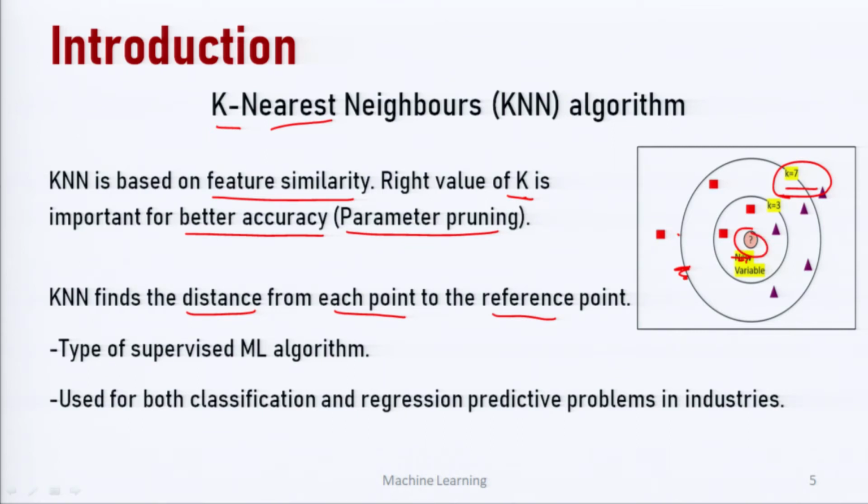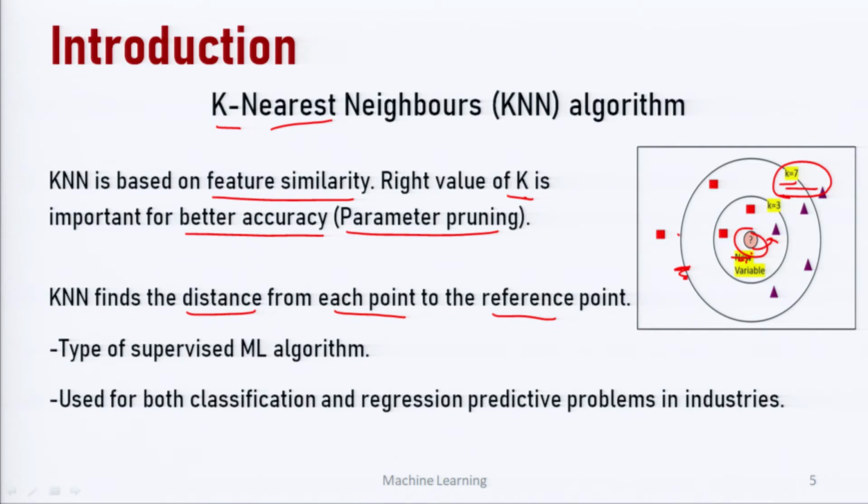Now, we need to predict which class it belongs to. We see that only 3 squares are there, but 4 triangles are there. So, we conclude that the new entrant belongs to the triangle class. So, k plays a very important role in deciding the optimum solution to our problem and in achieving greater accuracy.